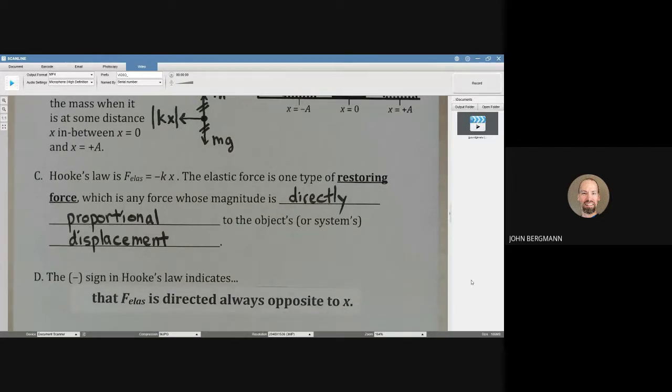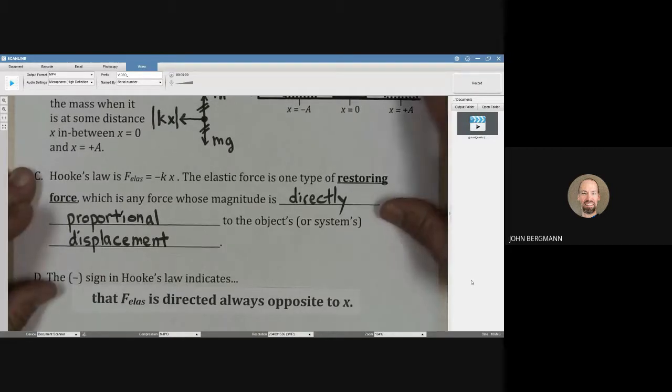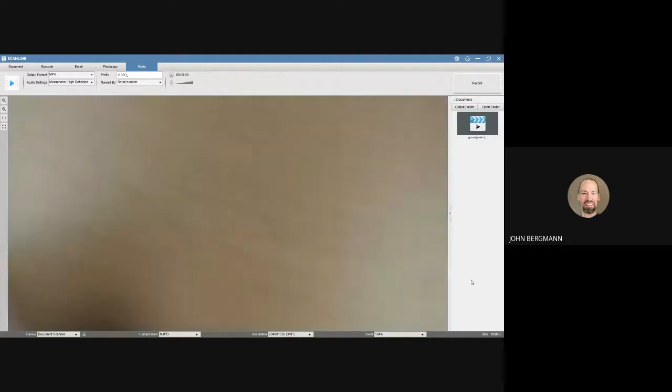In the example that we considered here at the top of the page, if the mass is displaced to the right, that is, if x is positive, then the force is going to be trying to pull it back to the left in the opposite direction. Similarly, if the mass is displaced to the left, the force in the spring is going to be acting to the right to try and put it back into equilibrium. So the force and the displacement are always opposite each other.